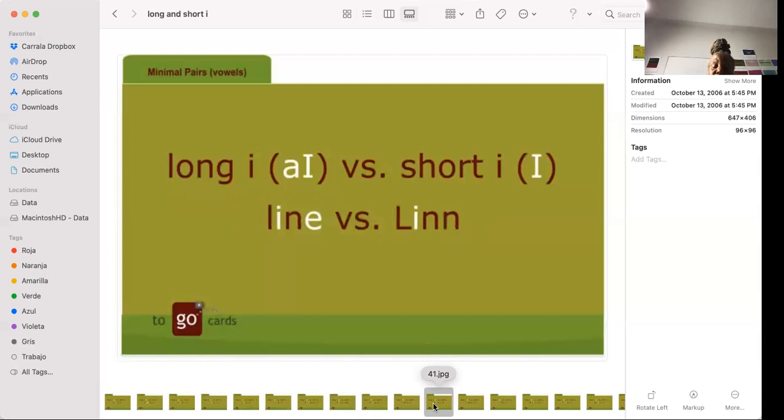Line, lin. Notice that lin, where before it was with a Y, here it's with an I. Side, sid. Notice that it's not with an S, it's with a C. Cite, sit.